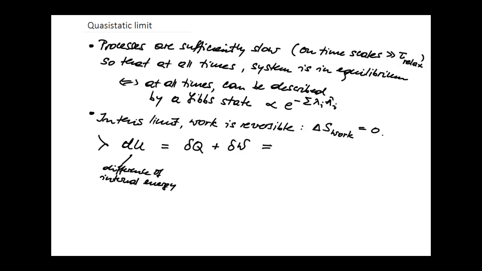Now, if we assume that the system is initially in equilibrium and at the end is also in equilibrium, so we look at the difference of internal energy, assuming that both the initial and final states are canonical.